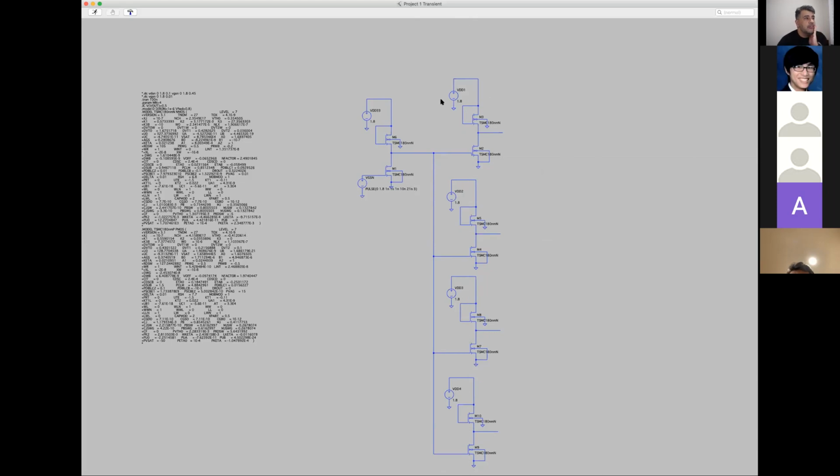Okay, so now I have this inverter driving another 4 inverters like itself.